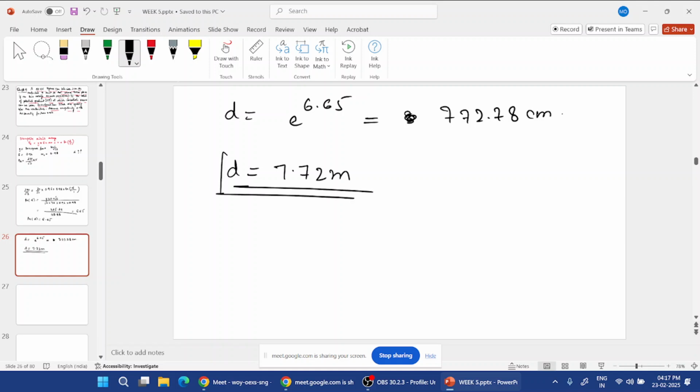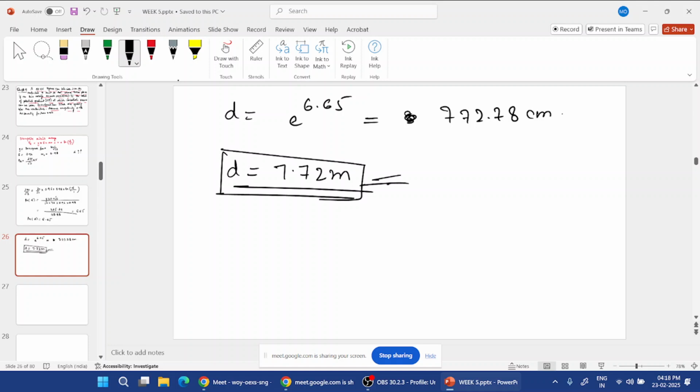Okay, let me check the options. Actually, the options are not correct in this. There is something problematic, maybe the values in the options are changed. No problem, but the steps are right.